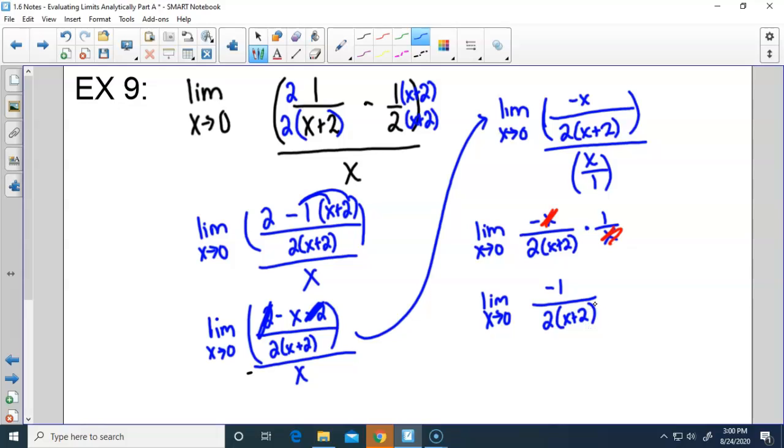And so since we have now canceled something in the numerator and denominator, it is most likely that we should be able to plug in right now. So I'm going to have -1 over 2 times 0 plus 2. And that's -1 over 2 times 2, which is going to be 4. So -1/4 is my answer for this problem.